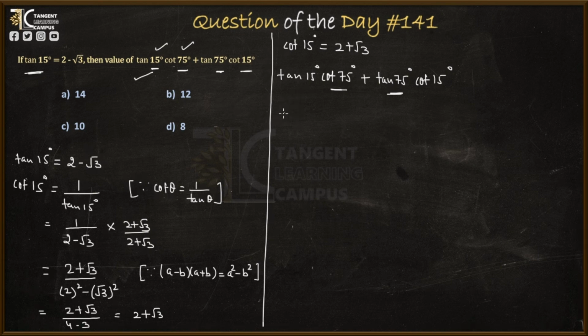So now let us write down tan 15 degree as it is, and in place of cot 75 degree, what can we write? Let's see here, because we have the value 15, if we subtract 15 degree from 90 degree, we will get 75 degree.